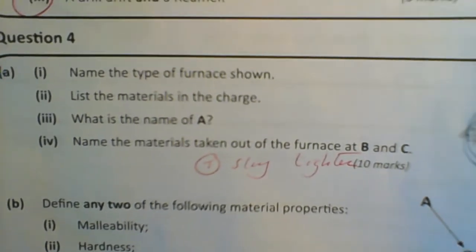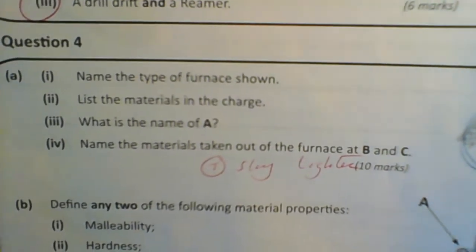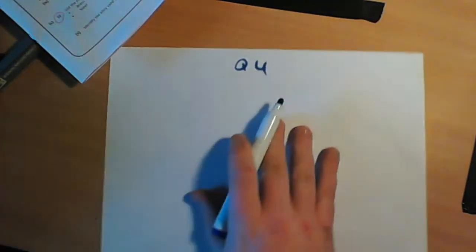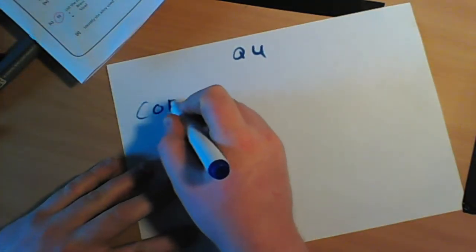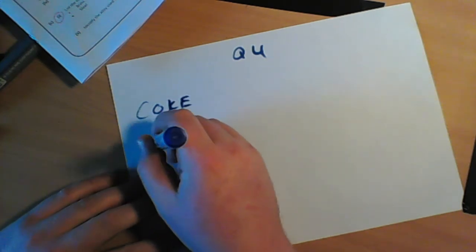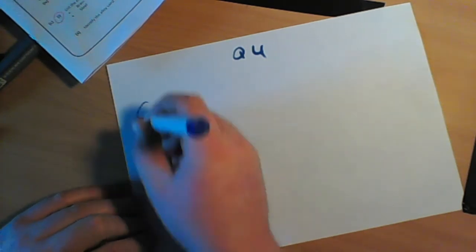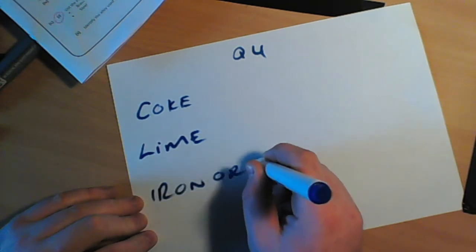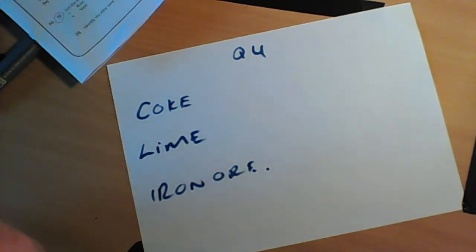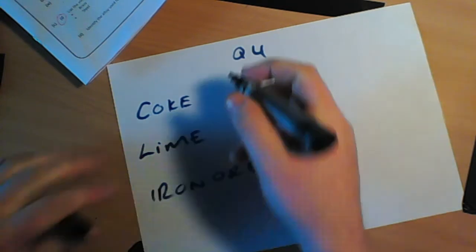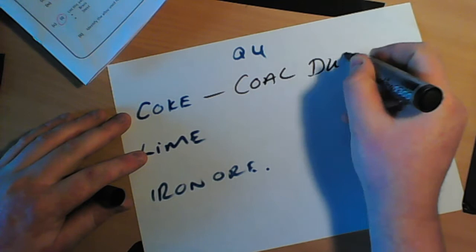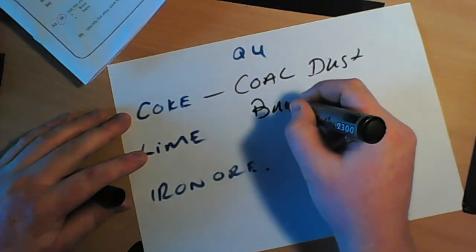Okay, so name that. The blast furnace, the materials in the charge. What is in the charge? The charge is what goes into it, what fuels it. What you have in there is coke, lime, and iron ore. Anyone going for an A, you'll be able to talk about these. Coke is like a coal dust, and this burns to create heat.